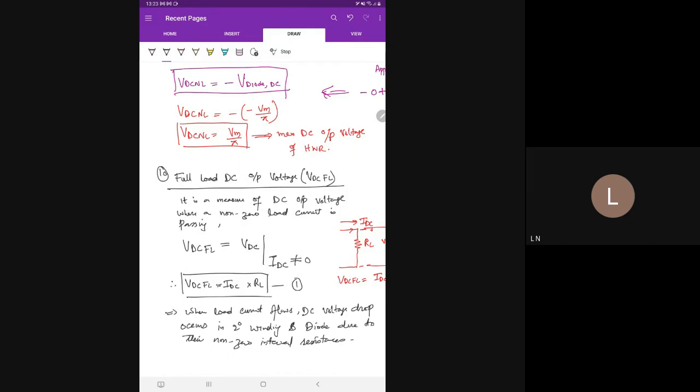So when load current flows, a DC voltage drop across the diode can occur. So there can be a voltage drop across the diode also.